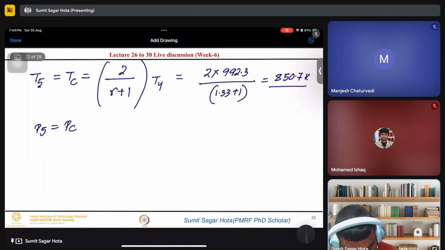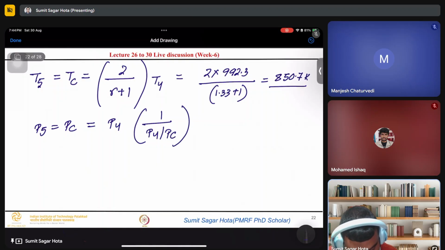So P5 equal to Pc is equal to P4 into 1 by P4 by Pc. Why am I writing it like this? Because P4 by Pc you already know.